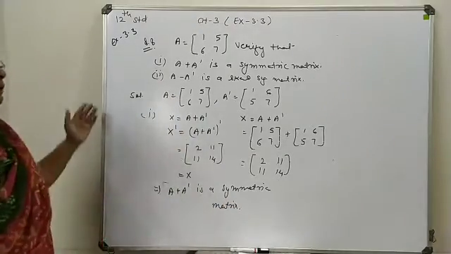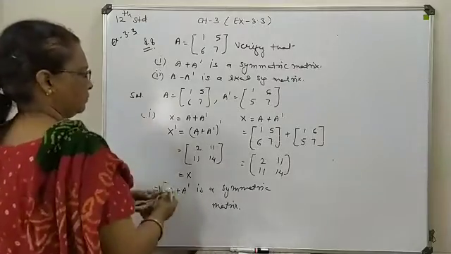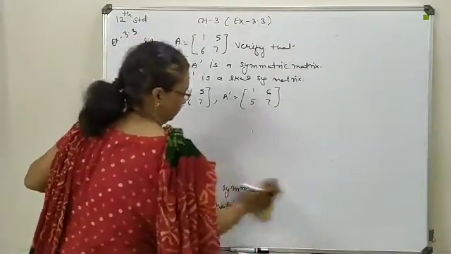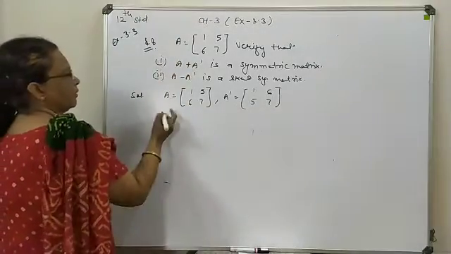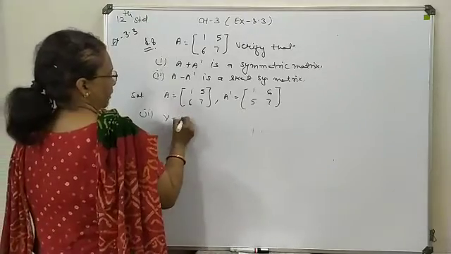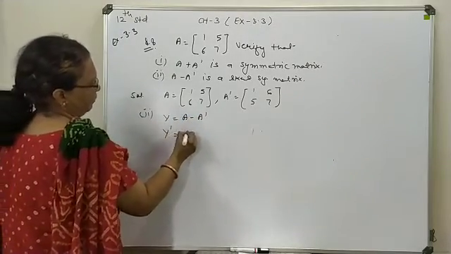Now in the same manner we will move to the second part. Take this as Y, meaning A minus A dash. We have to go for the transpose form of that.